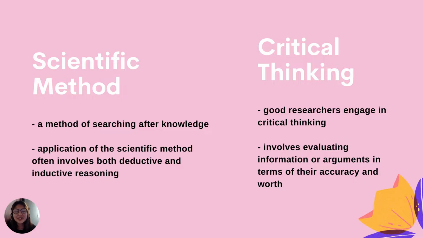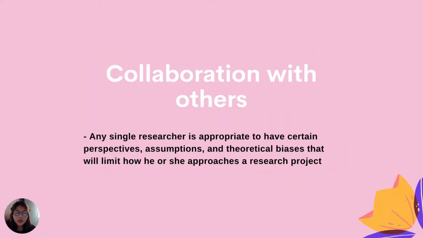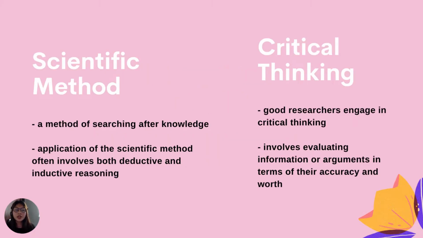Okay, and next is critical thinking. Good researchers engage in critical thinking, which involves evaluating information or arguments in terms of their accuracy and worth. There are a variety of forms of critical thinking: verbal reasoning, argument analysis, decision making, and critical analysis of prior research.